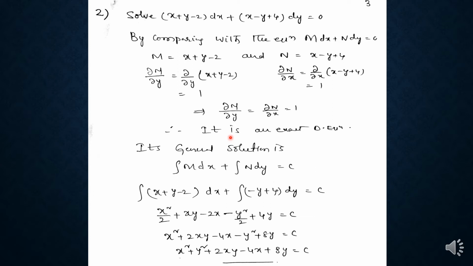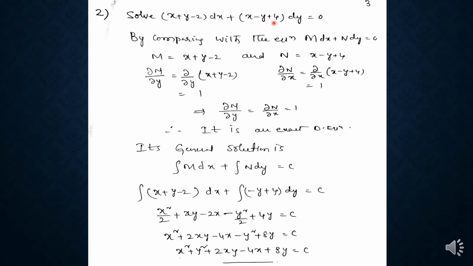After satisfying that the given differential equation is exact, we can go for its general solution. So what is its general solution? That is integral M dx plus integral N dy is equal to c. What is M here? Integral (x + y - 2) dx plus N. While taking N, the terms should be free from x.